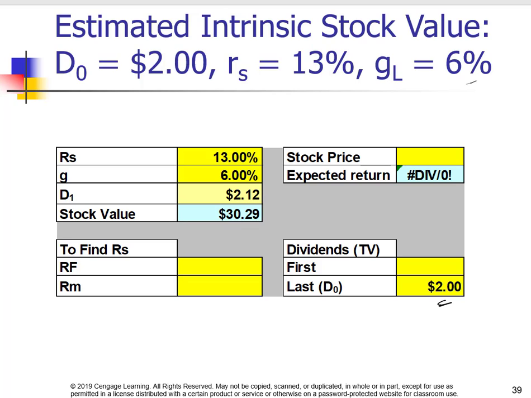We have said that we think that the growth rate is going to be 6%. So when you put those numbers into our worksheet here, we find out that this stock has a value of $30.29.